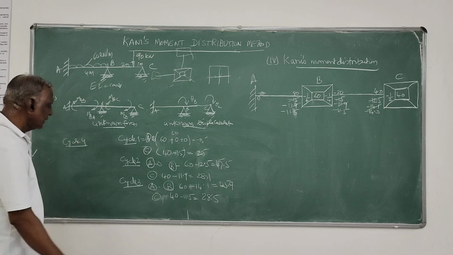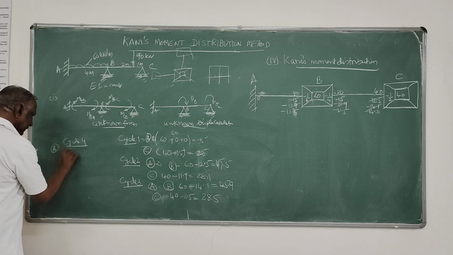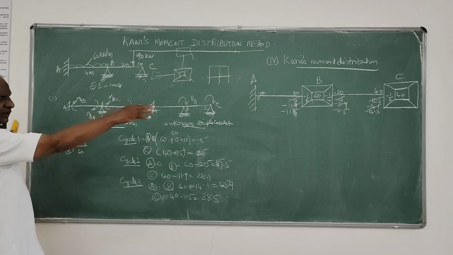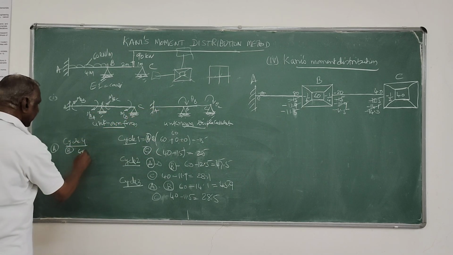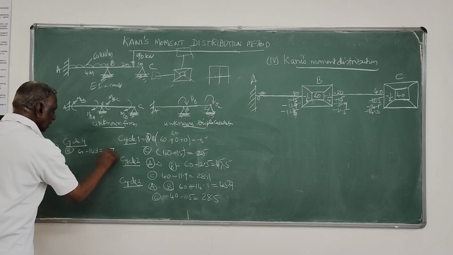Cycle 4. So A joint, nothing. Then go to B joint. Sum of the fixed end moment 60, sum of the rotation contribution factor at the far end, that is only minus 14.3, that is equal to 45.7.